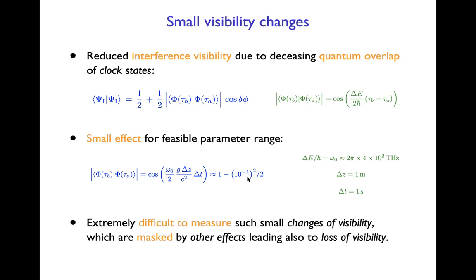So that's very small. And not only is it rather small, it's also extremely difficult to measure such small changes of visibility with an atom interferometer.